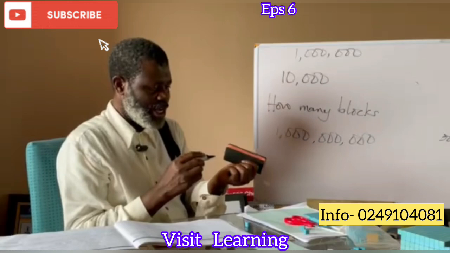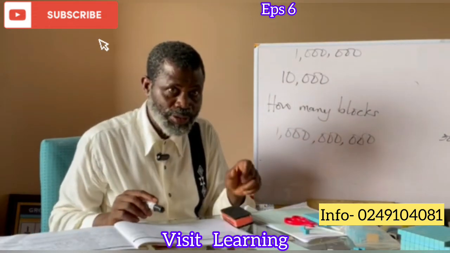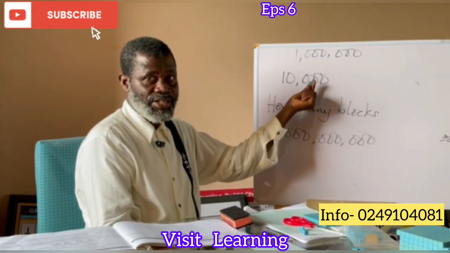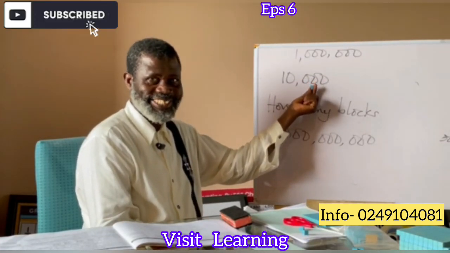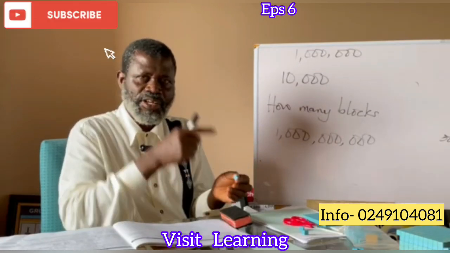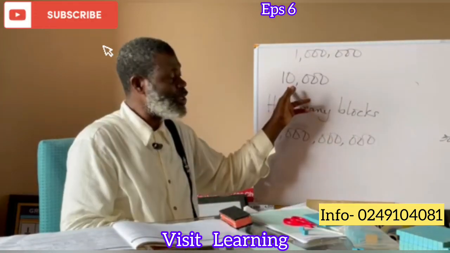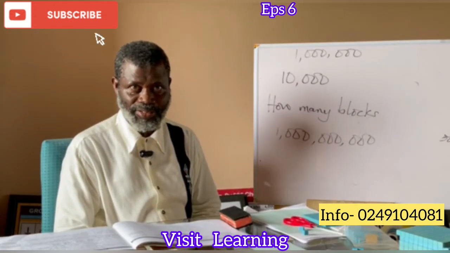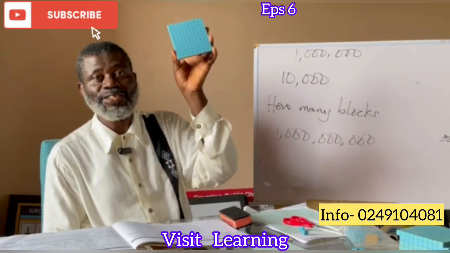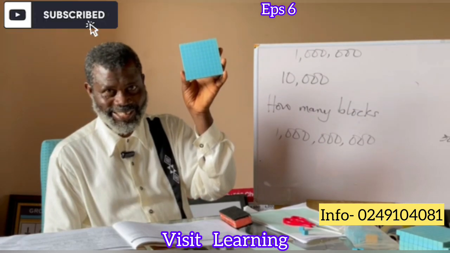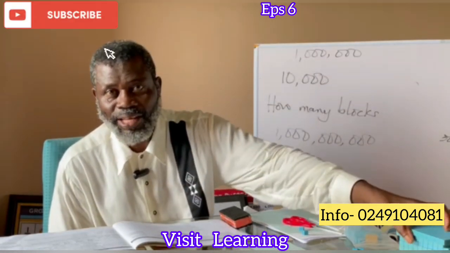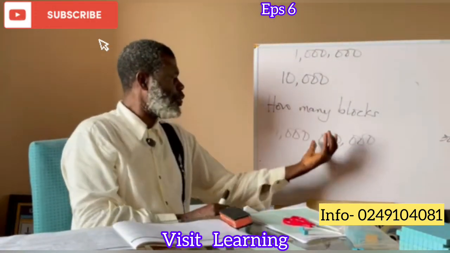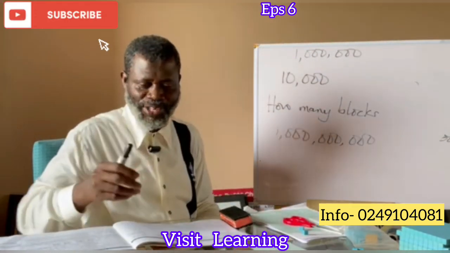It's a question I want you to think about. So if I have the smallest unit as 10,000, this time no longer 100,000, it means 10 of this, which is the rod, will give me 100,000. And a flat will then be 1 million. A block will be 10 million. How many of such blocks do we need to be able to get our 1 billion? It's a question you have to think about.